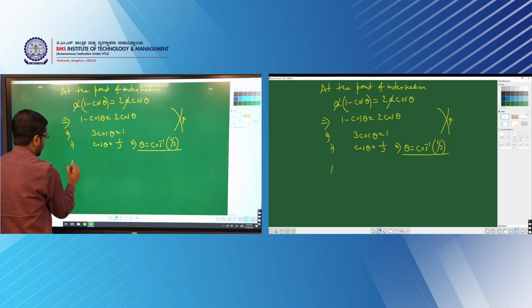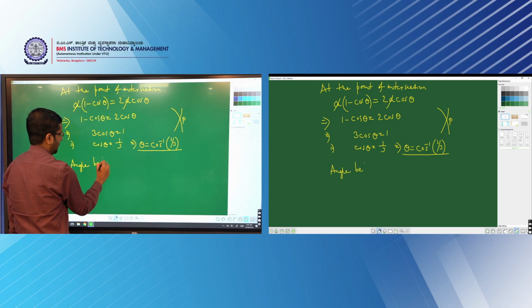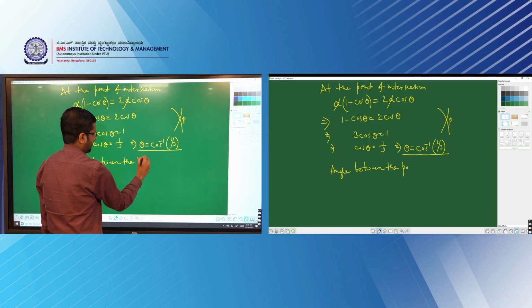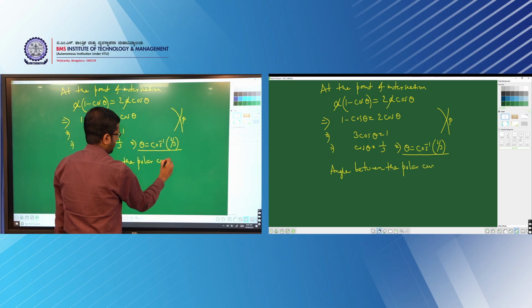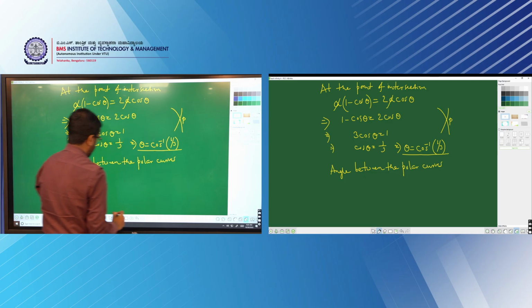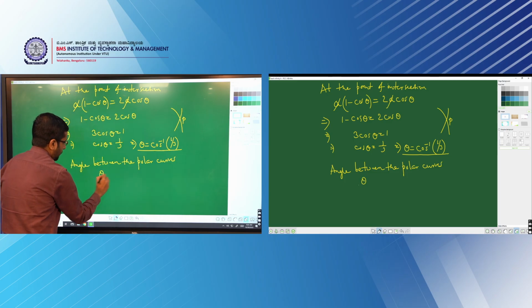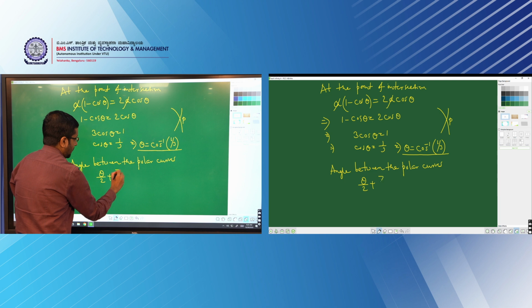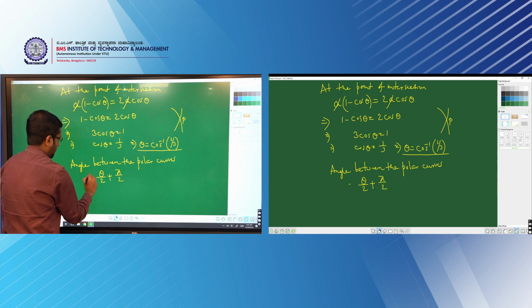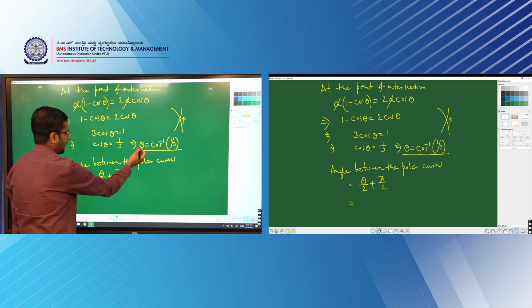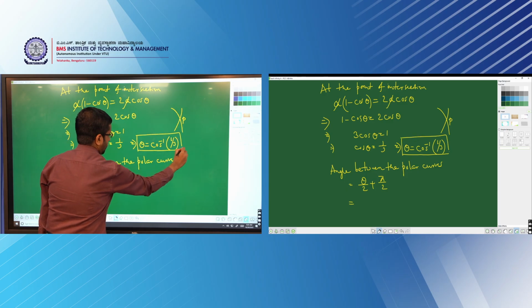So now again you write the final answer, angle between the polar curves. In the expression you just put the theta value. What did we get for the angle? Theta by 2 plus pi by 2. This one we got as the angle between the polar curves. So now in place of theta you just put this value of theta.